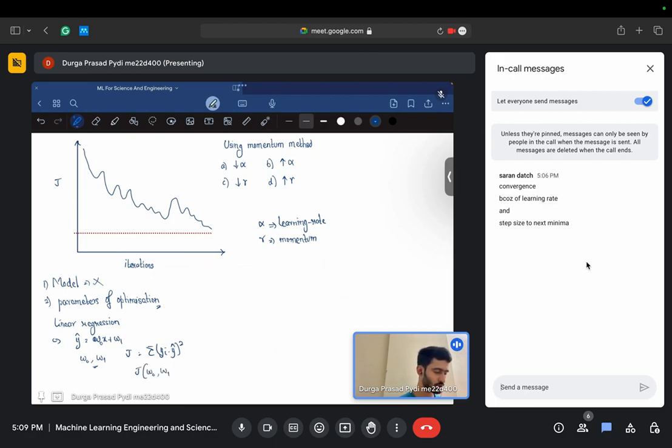So if I were to plot this, say this is my w0, this is my w1, and this is my objective function. So it's like xyz. So my objective function will be a surface.